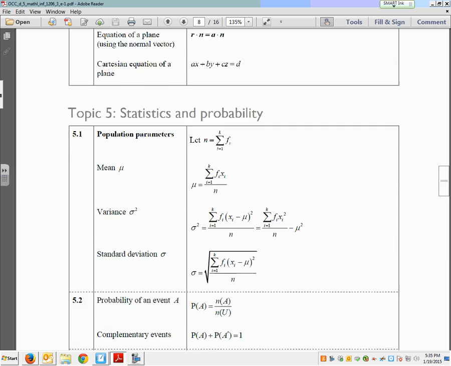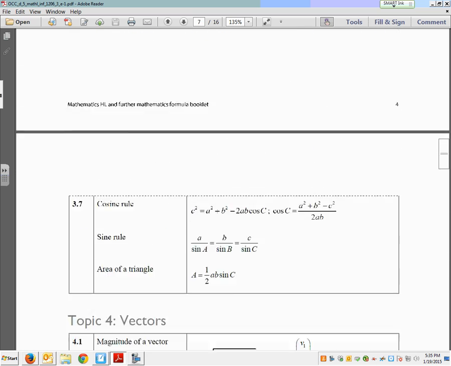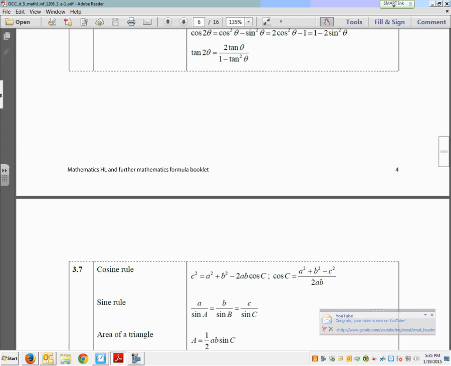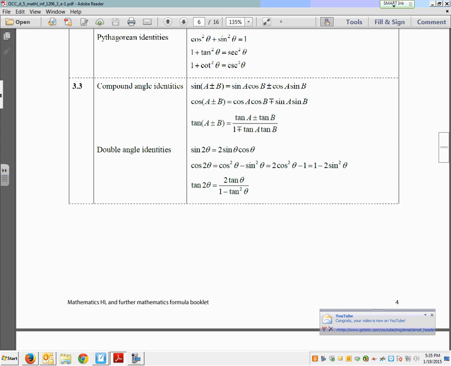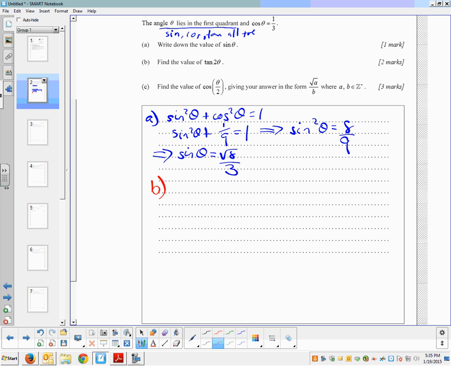Paper version is probably easier. Okay, in the trig, tan 2 theta is 2 tan theta over 1 minus tan squared theta.